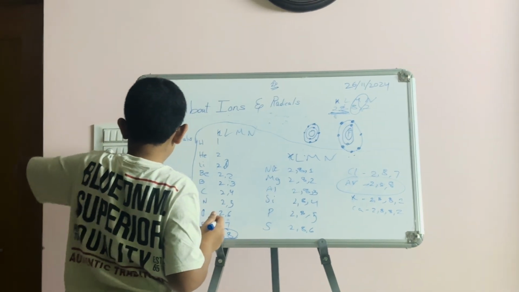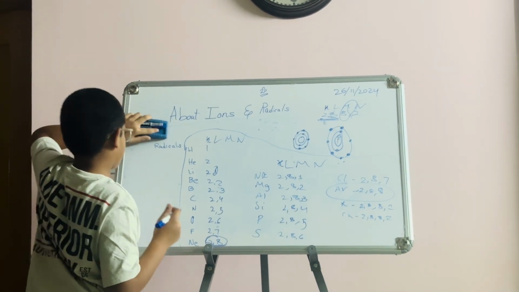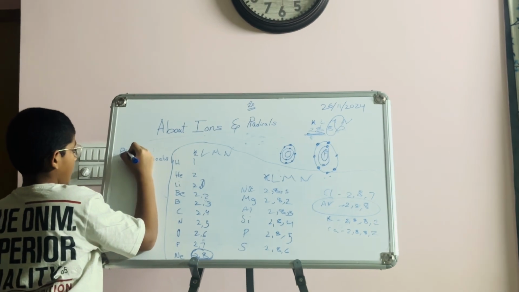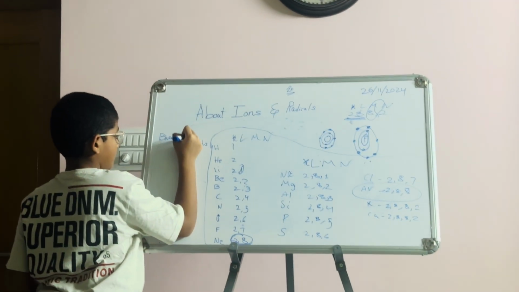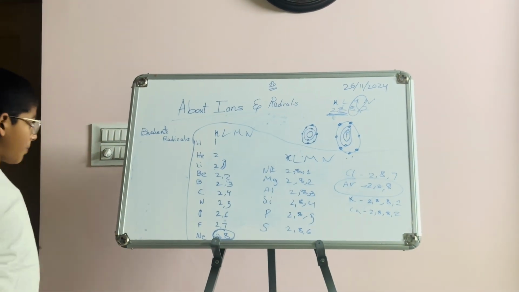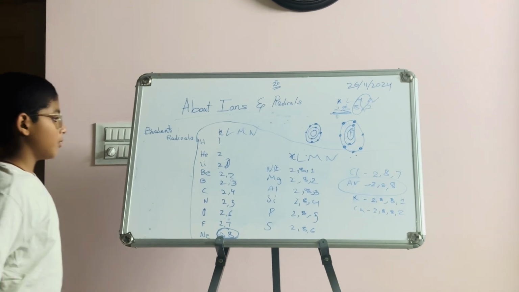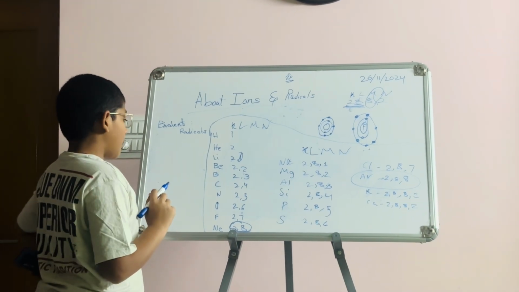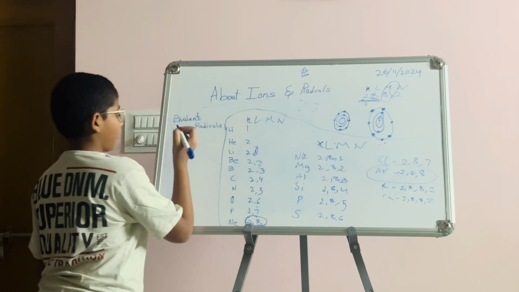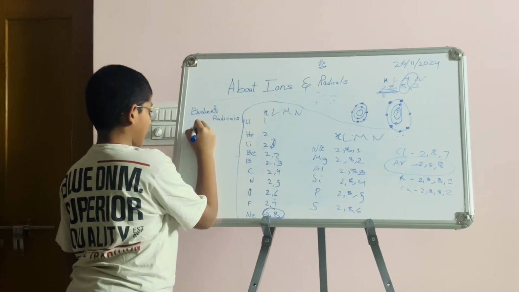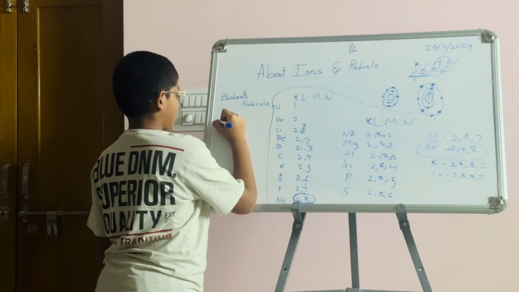Now let's go for bivalent. These are bivalent radicals now. In bivalent radicals, what do we have? We have beryllium, magnesium.